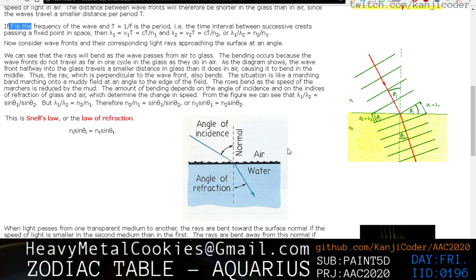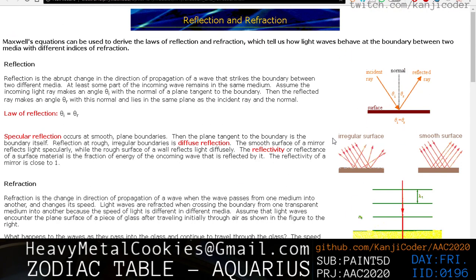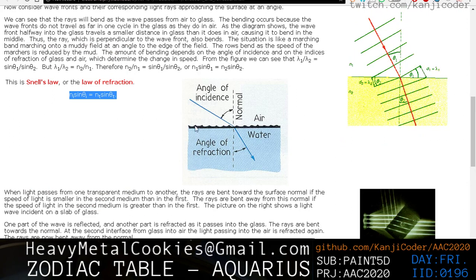This is Snell's law, or the law of refraction, right? Okay. So n_i sin i equals n_t sin t. Okay. So we have an angle i and an angle t, and there's equivalence between them, right? So, okay. Angle of incidence, angle of refraction, normal.